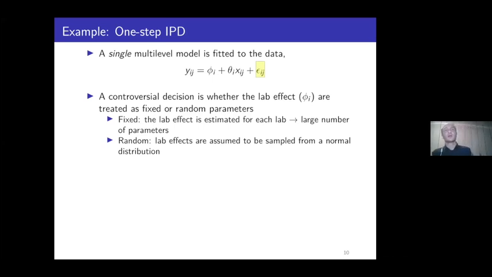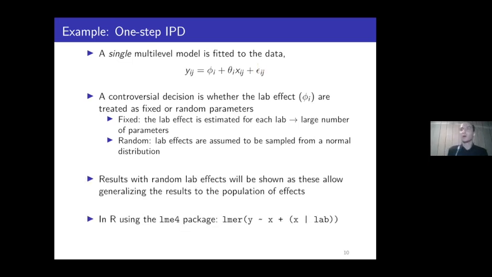Then if you say, okay, we go for random effects for the labs, then you assume that these labs are sampled from a normal distribution. And this can also be a tricky assumption because we never know for sure whether these lab effects are indeed sampled from a normal distribution. It could also be another distribution, and therefore this is a quite controversial decision.